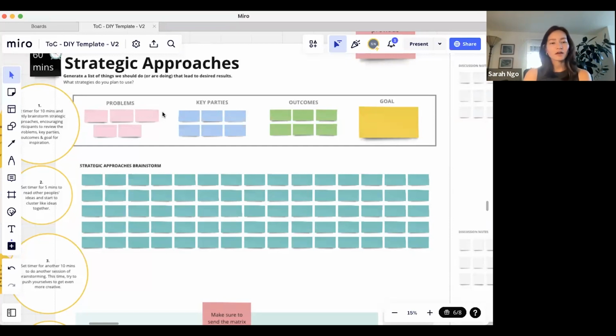Really consider the elements of the theory of change that they've already stated and chosen to move forward with, drawing attention to each of those in turn. All of these strategies can really help get a robust set of strategic approaches into the brainstorm.